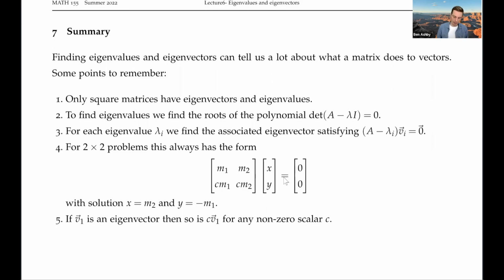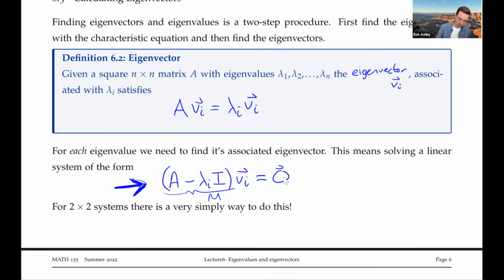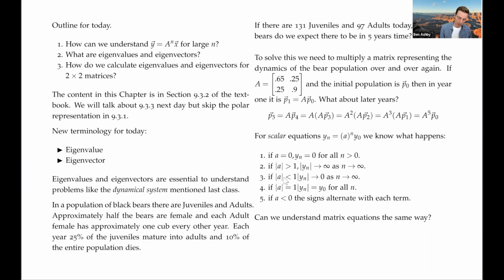And if we go all the way back to the beginning, just briefly, the reason we care about these things is because, say, if we've got a population model that's in this form here, so suppose y is our population in the next year and x is the population in the first year, we want to say what happens to our population as we keep applying this matrix to it.